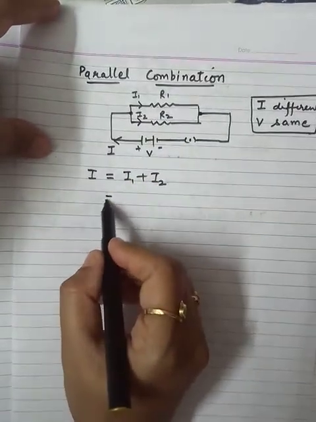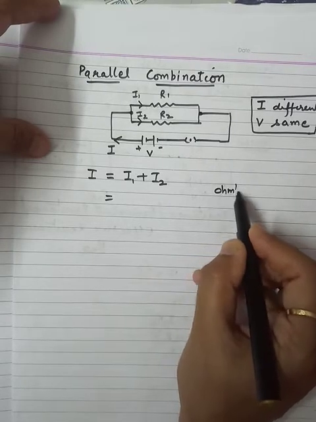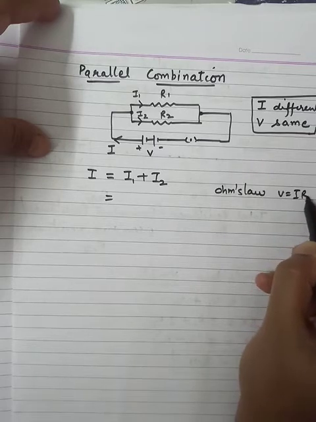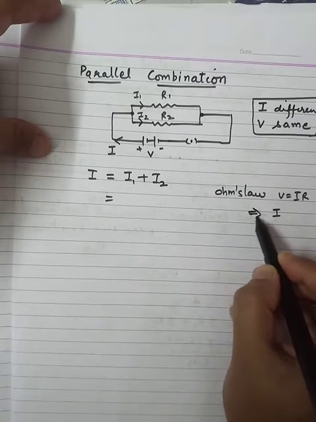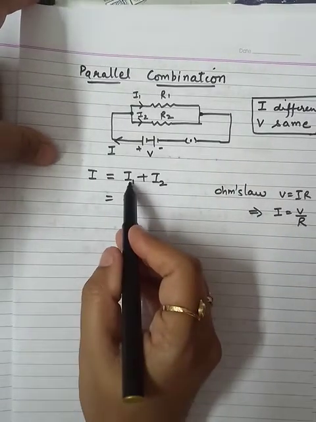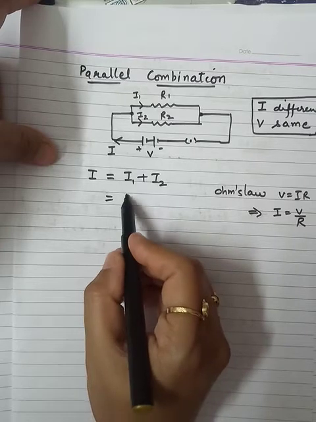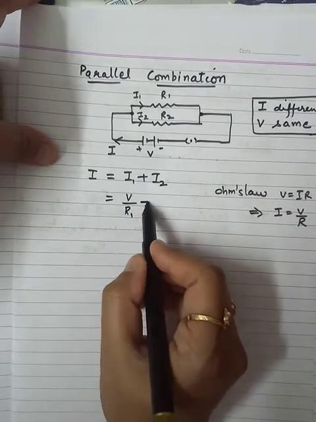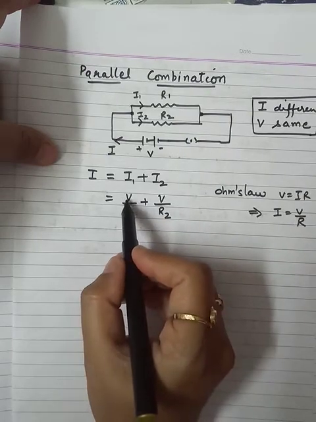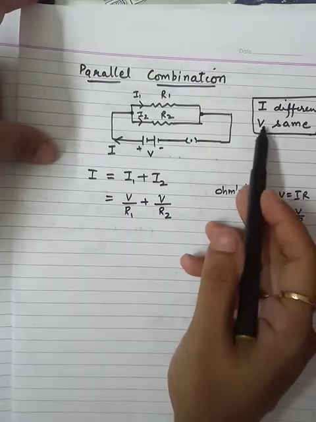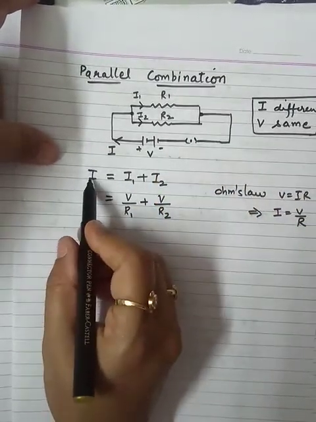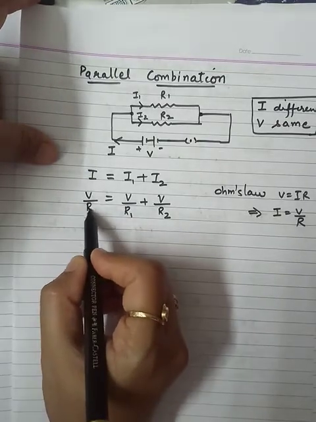So according to Ohm's law, V is equal to IR, so it implies that I is equal to V upon R, which we can use. So I1 is V upon R1 plus I2 is V upon R2. Why is it V only? Because V is the same for both cases, R1 and R2.